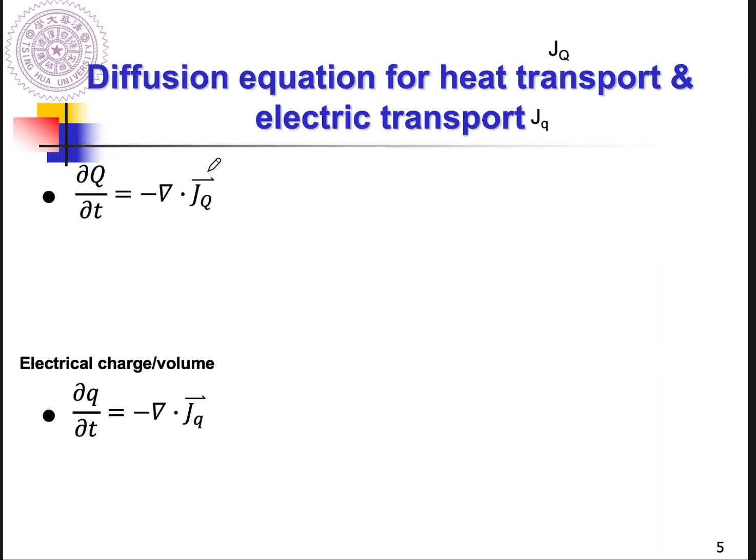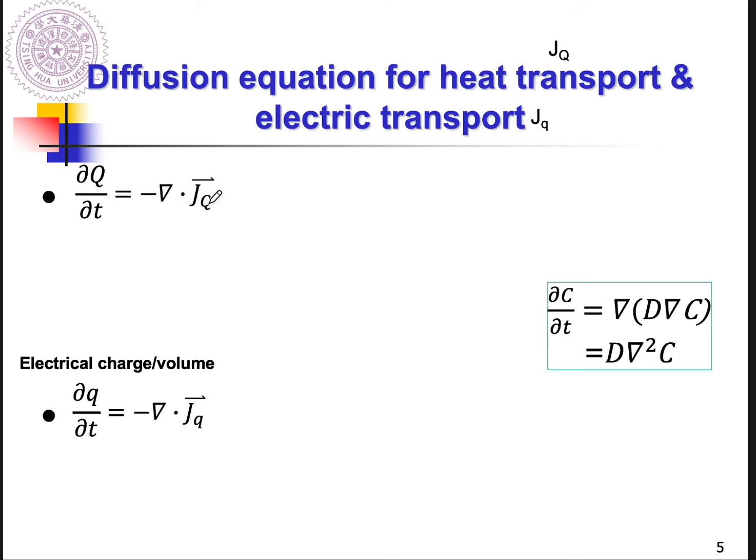So let's talk about heat transport first. This is partial Q partial t and the divergence of the heat flow. If we take a look, it's similar. We want to get the diffusion equation for heat transport, but the flux is hard to measure.